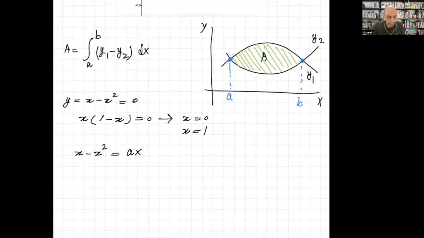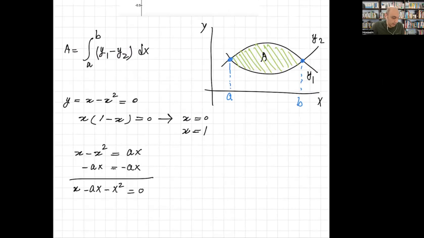Now I subtract both sides by a times x. And then doing so, I have x minus a times x minus x squared equals 0.